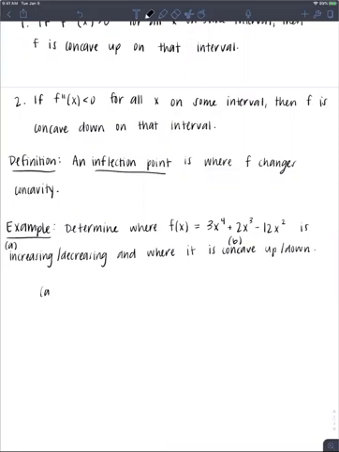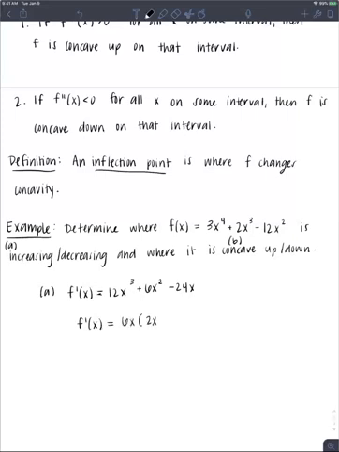Here we're going to have to find the first derivative, which, since it's a polynomial, is just the power rule. So what is this going to give us? 12x cubed plus 6x squared minus 24x. What can I factor out of here? 6x, yeah, I can do 6 and x at the same time.